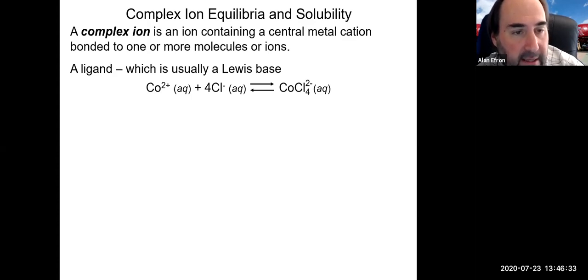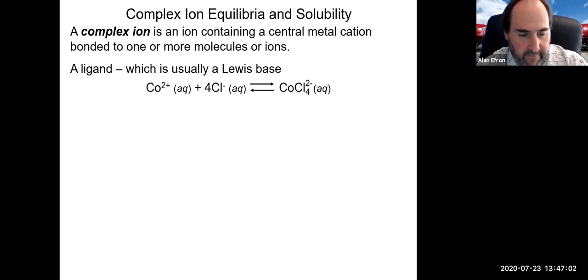That last section deals with Kf, which is essentially what we've been talking about in the previous chapter when we were talking about complex ions. So this is the sort of equilibrium that deals with complex ions. We will get into it now, so let's talk about that.